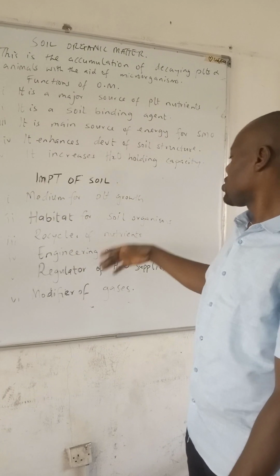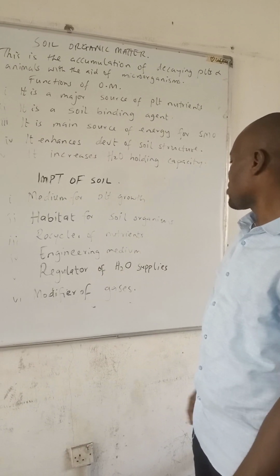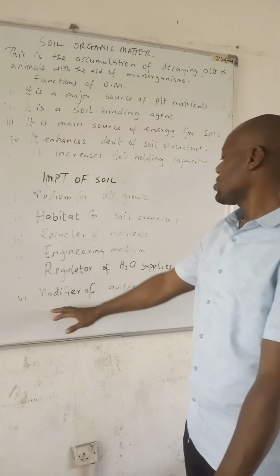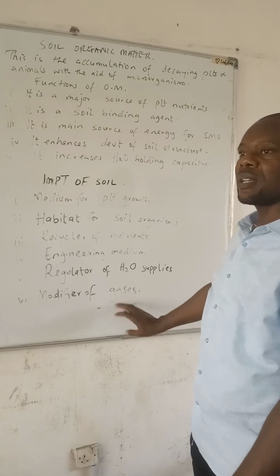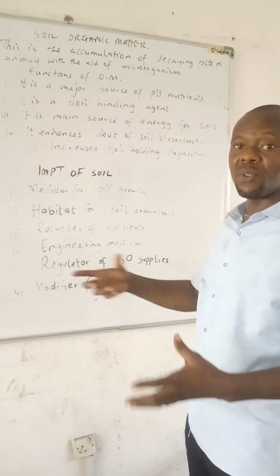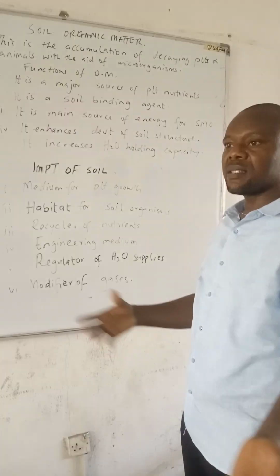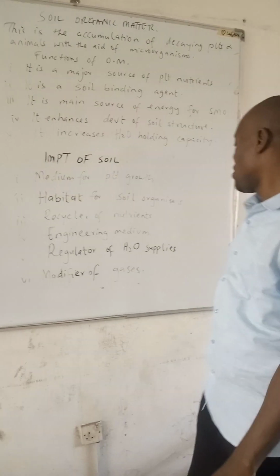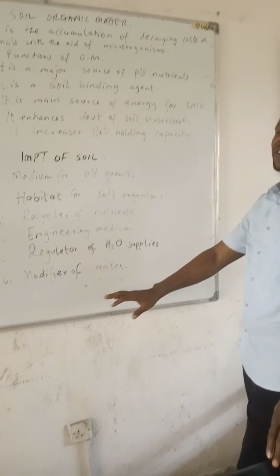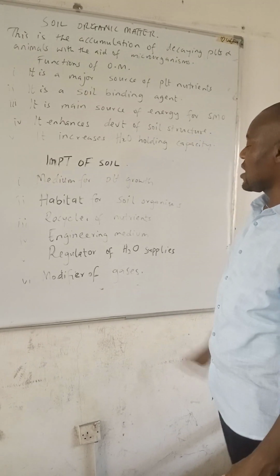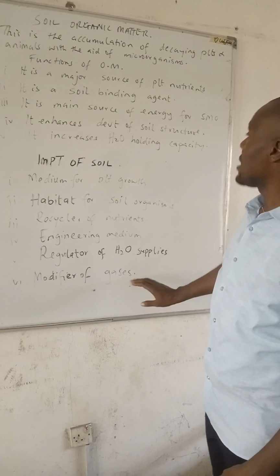So soil regulates water supply, and it is also a modifier of gases. It helps to absorb some gases. It helps to modify gases.